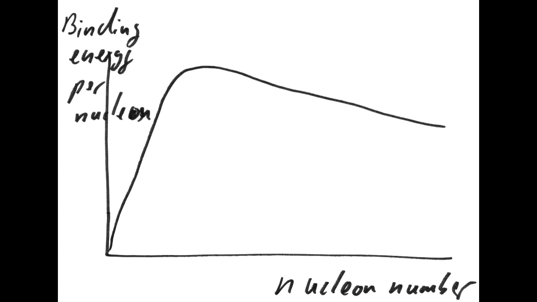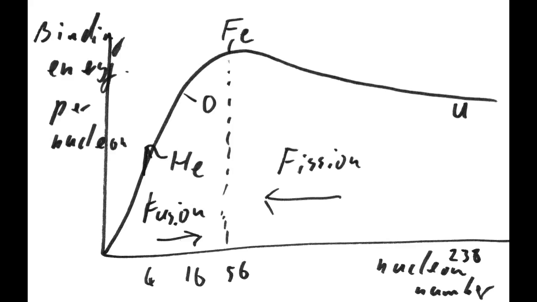When you look at the total binding energy for a nucleus, you don't see much. But if you look at the binding energy per nucleon for each nucleus, you see a pattern. Plotting binding energy per nucleon on the y-axis, and nucleon number, the number of protons plus the number of neutrons, on the x-axis, you see a curve.